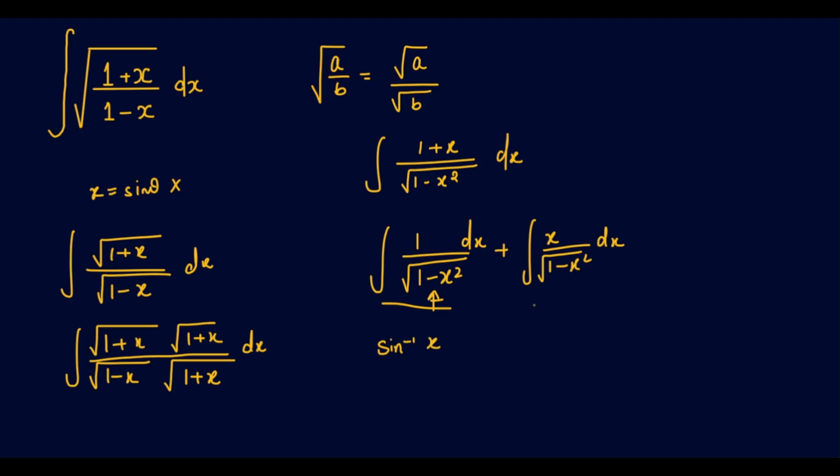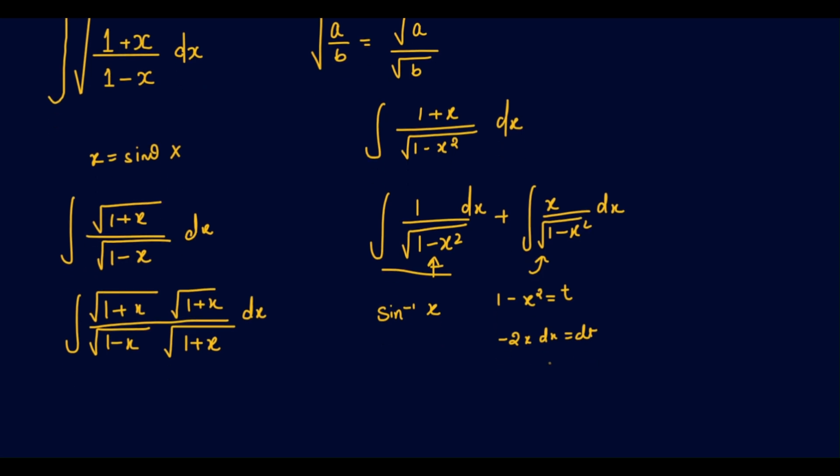What about the integration of the second one? So here you can write 1 minus x square, I will take it as equal to t. Let's differentiate with respect to x. You will write it as minus 2x dx, that is equal to dt.